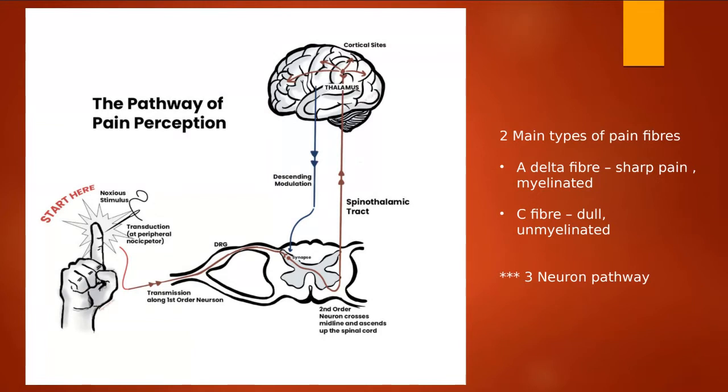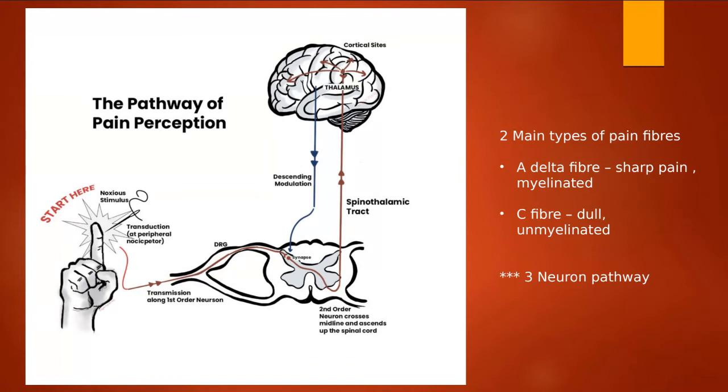So having understood the two different types of pain fibers, those will eventually trigger what we call action potential. Now, for those of you who've already done A&P, you would have learned all about action potential, how the stimulus will need to exceed the threshold.